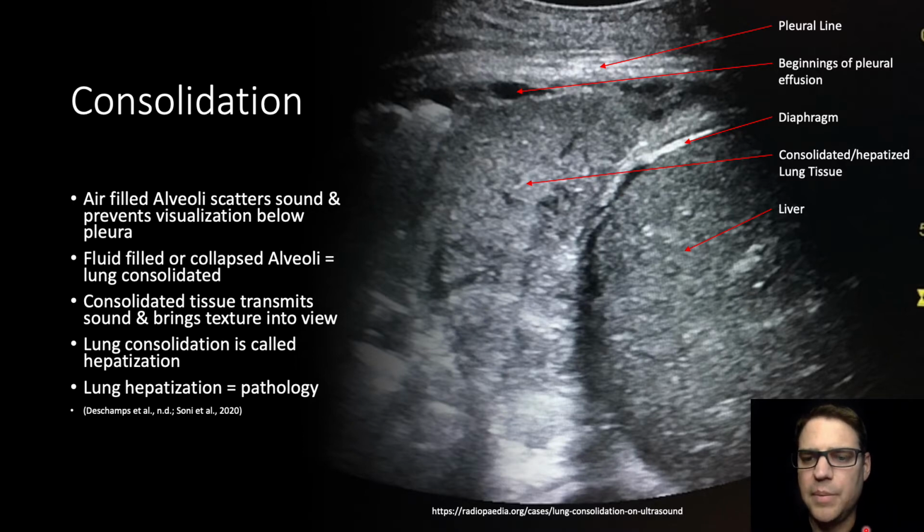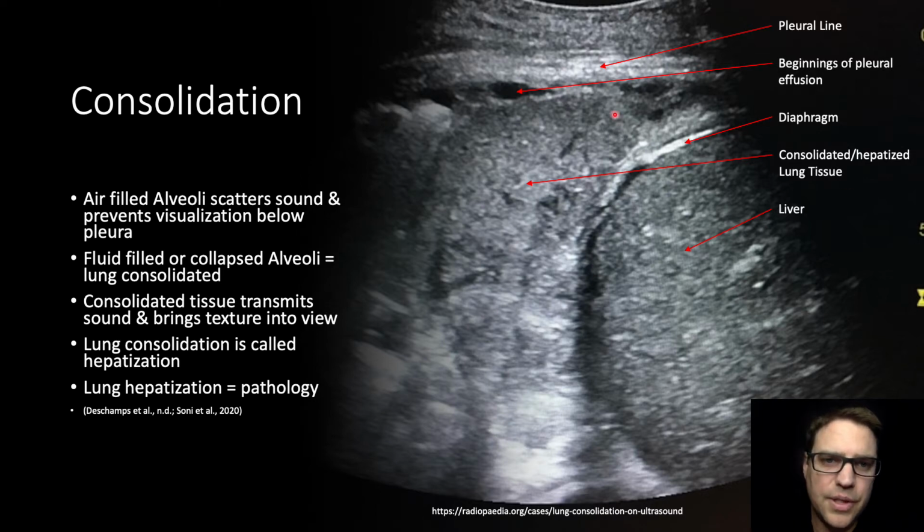When the lung's parenchyma becomes well defined through consolidation, its echogenicity is like that of the liver and is referred to as hepatization. When the lungs are hepatized, it indicates pathology, though not a specific disease, because several disorders can cause lung consolidation.